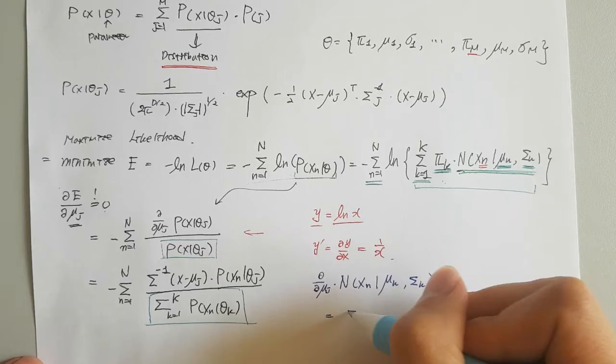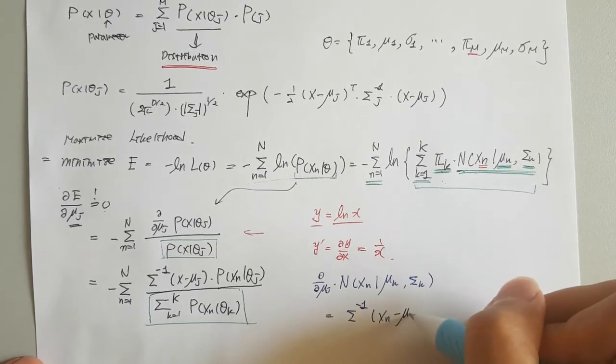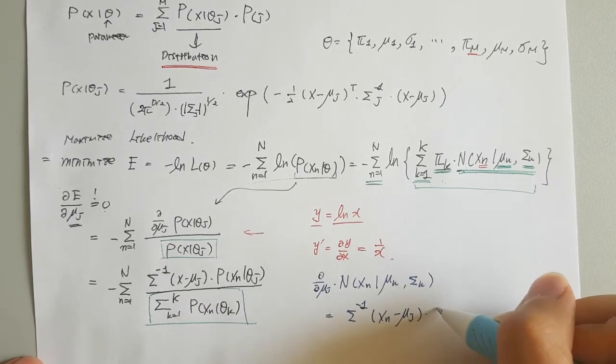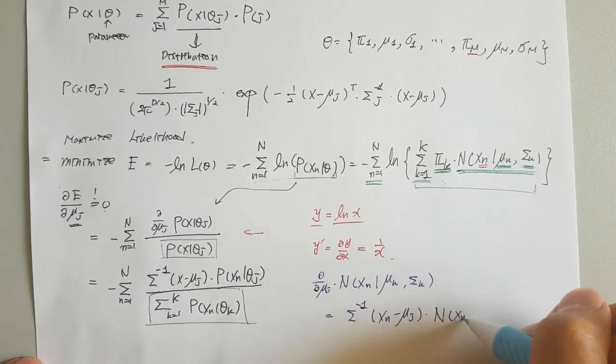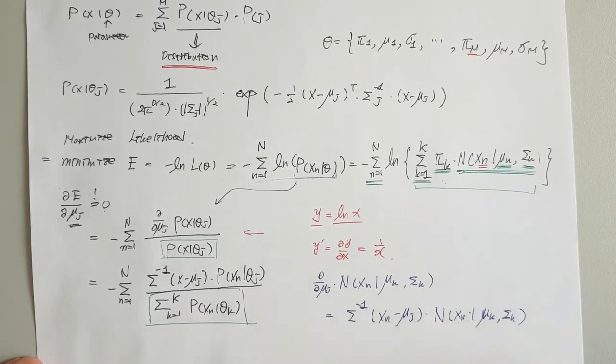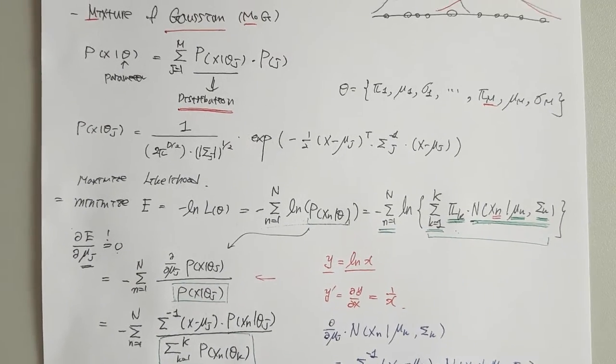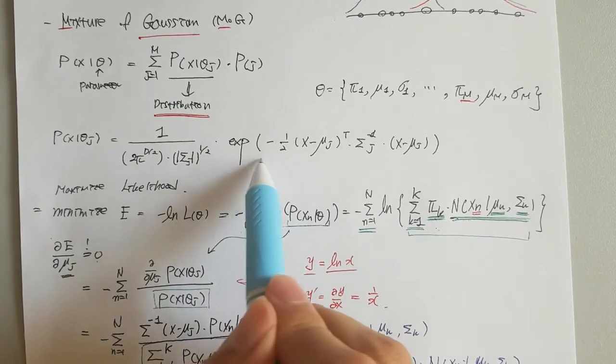So it is equal to x n minus mu j multiplied by the original function, because this is an exponential function, so it does not change its shape, only the coefficient comes out.